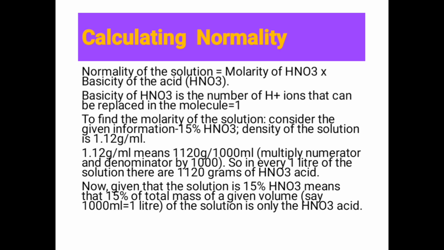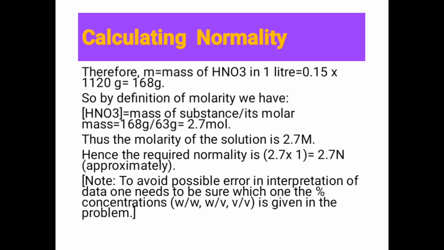So in every 1 liter of the acid, there are 1,120 gram of the solution. So to calculate further, the solution is 15% HNO3, which means that 15% of the total mass of a given volume of the solution is the HNO3. So for the 15%, that's 15 over 100 times 1,120.